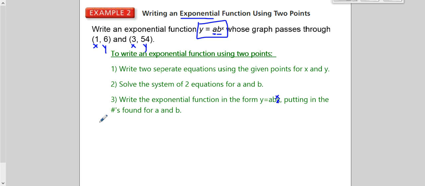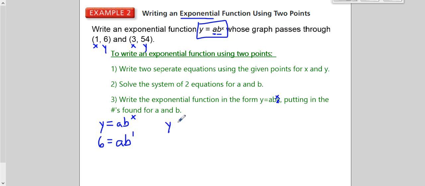So y equals a times b to the x. Okay, start with the 1 and the 6. y is 6 when x is 1.